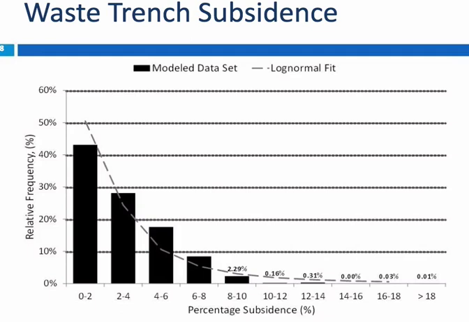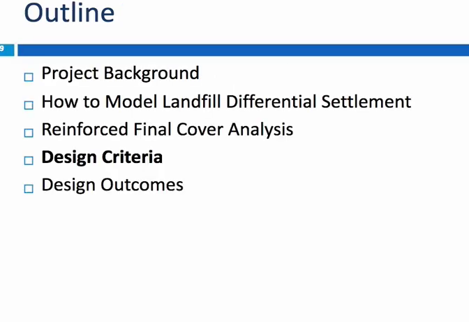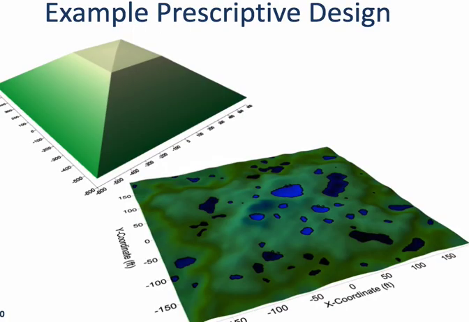Ideally, we want to quantify these things in great detail, but if you don't have a lot of detailed information on the distribution of those parameters, you can go to a random field model, which is what we did. And the question then becomes, if I use a probabilistic random field model, how do I decide if the settlement that I'm seeing in my model is acceptable or not? And that's where the design criteria comes in.